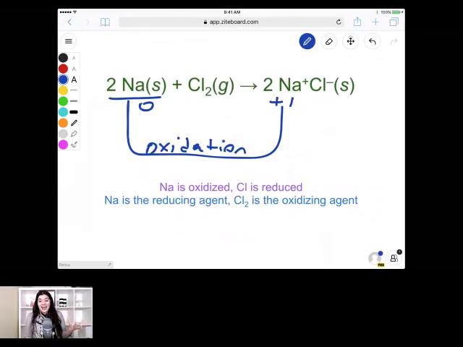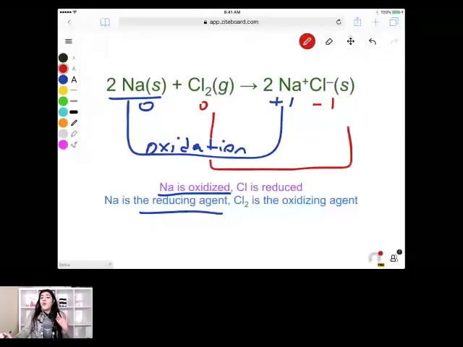So Na must be our reducing agent. As I mentioned, Na is oxidized, thus it is the reducing agent. They're always opposite from each other. Now chlorine, or Cl2, went from 0 to -1, and we said that was reduction, right? Because it became more negative.